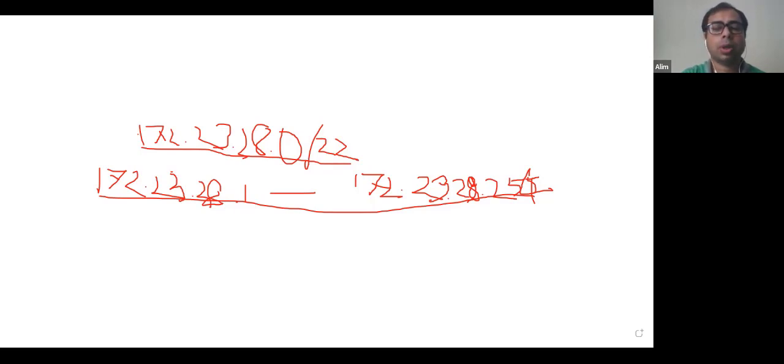Let me take a document where I can write. Okay, here we can write 16. 16 means 2 to the power 4.